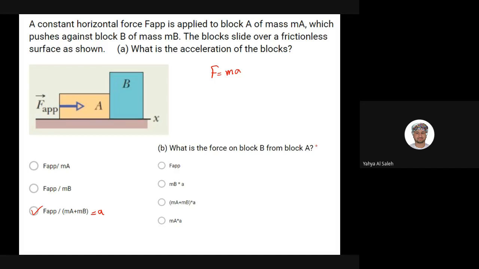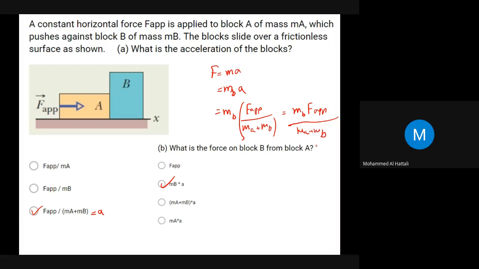So my force for block B will be mb multiplied by the full acceleration, which we have already decided is F applied divided by MA plus MB. So my total will be MB times F applied divided by MA plus MB.